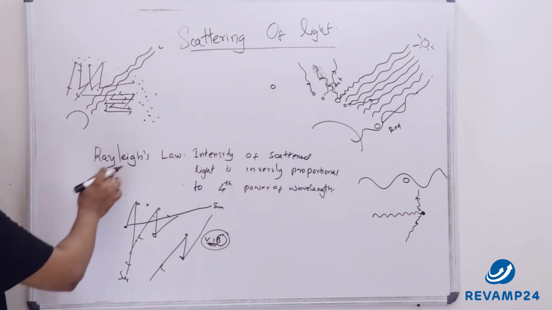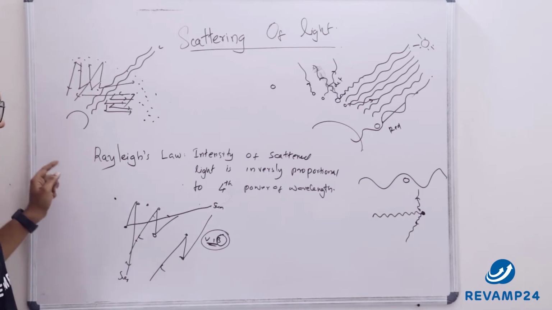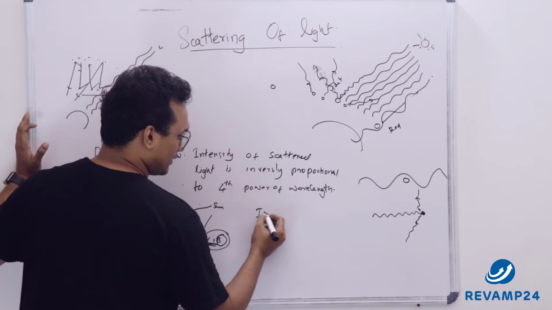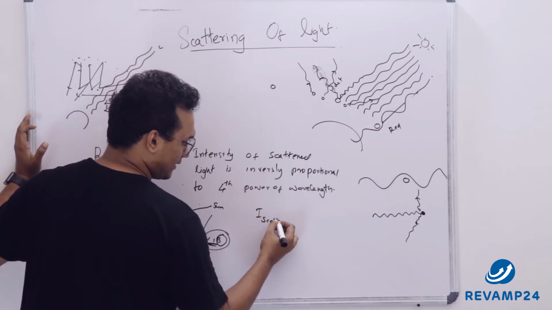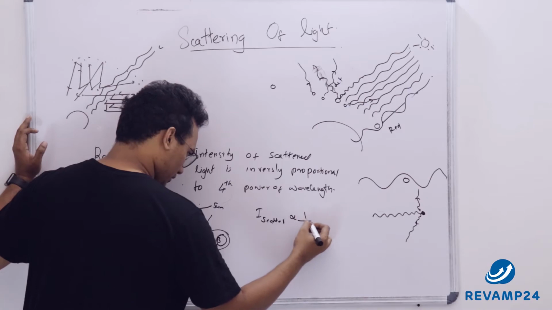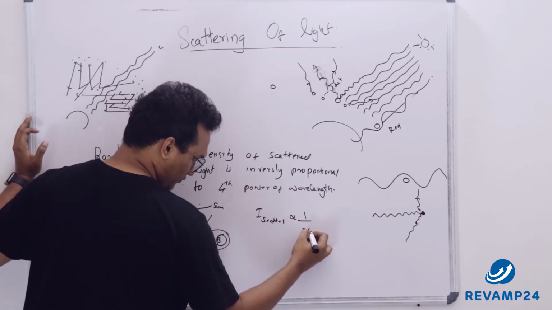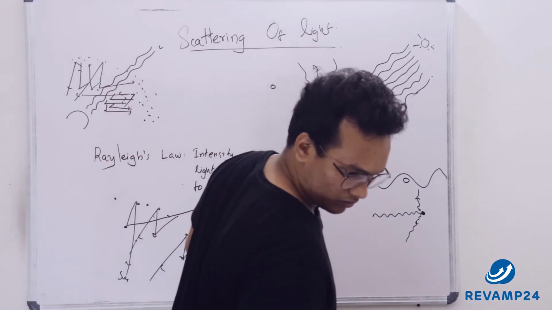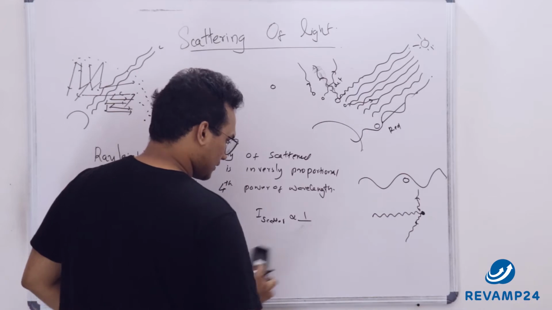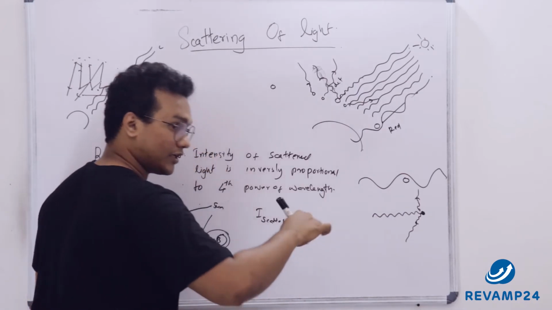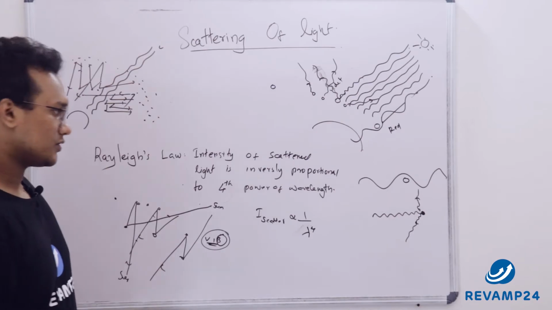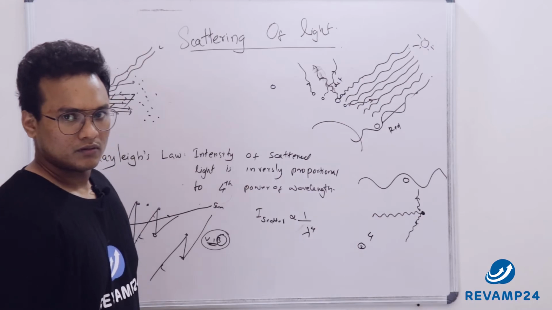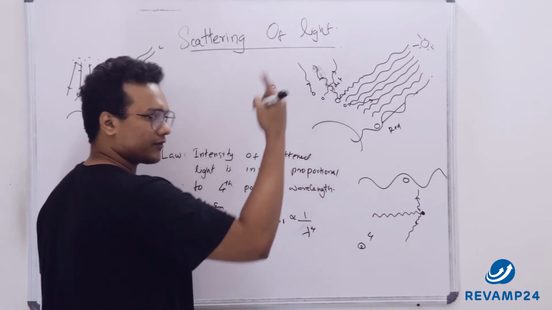So we have seen that the higher the wavelength, the lesser the scattering; the lower the wavelength, the more the scattering. Rayleigh put it in a law. He said that the intensity of scattered ray is inversely proportional to lambda power 4, that is 1 by lambda power 4, where lambda is the wavelength. So if the wavelength is brought from 4 to 2, 2 power 4 is the change.